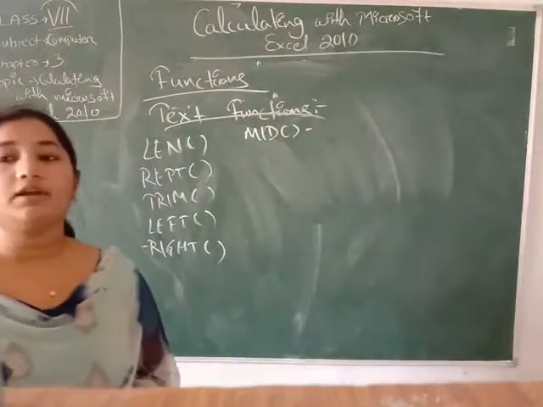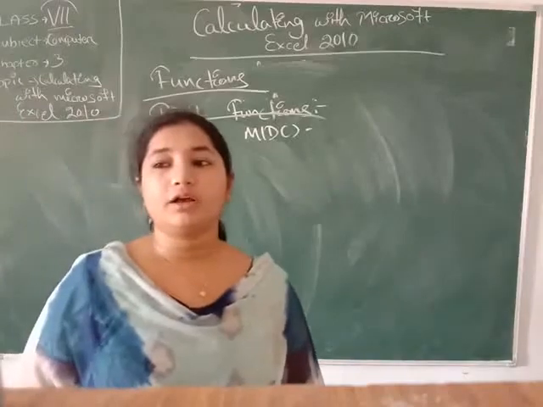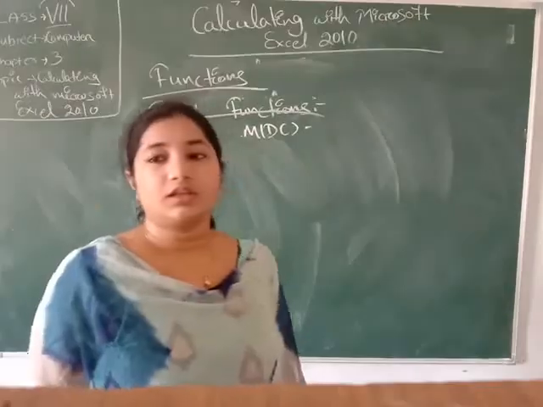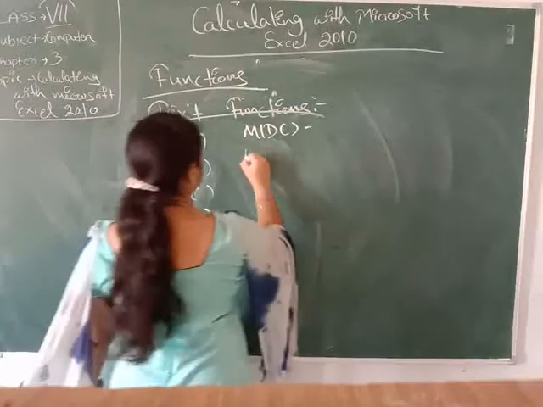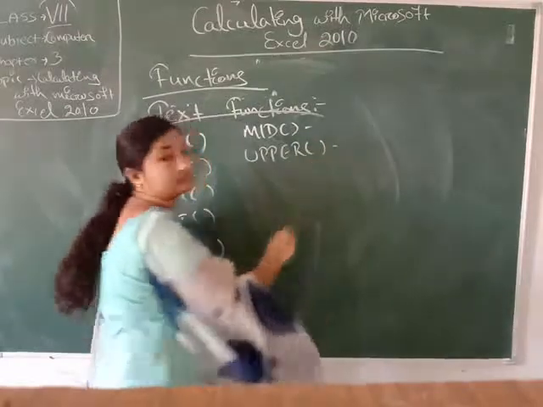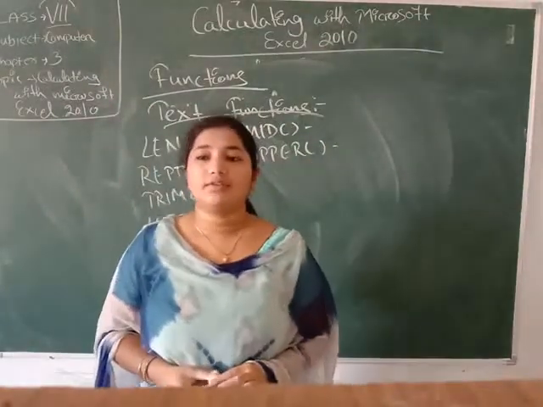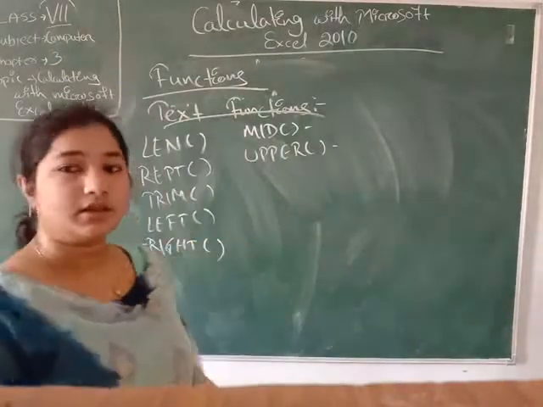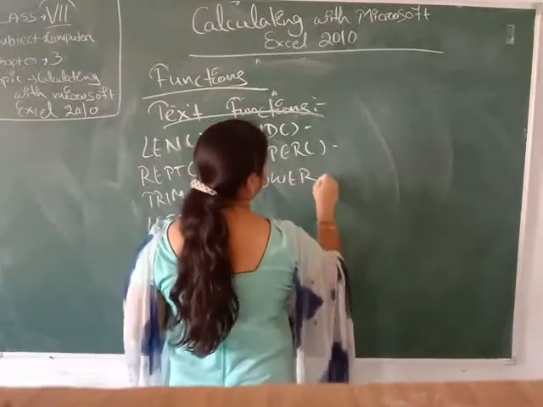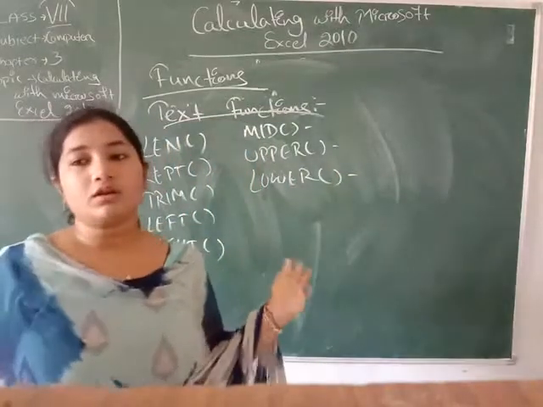MID extracts a specific number of characters from the middle of a cell. The next one is UPPER. UPPER converts the content of a cell to uppercase, and LOWER converts it to lowercase. Uppercase and lowercase, you know, capital or small letters.